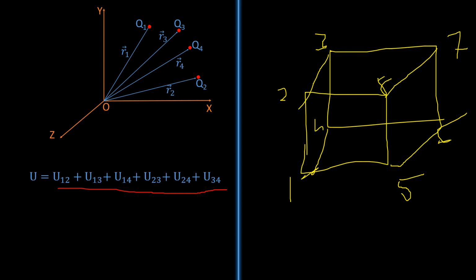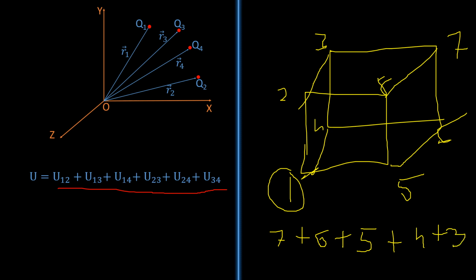Just with the first charge, 7 pairs due to the first charge only. With the second charge, 7 pairs, but the first is already considered, so with the second charge 6 pairs are possible, with the third charge 5 pairs, with the fourth charge 4 pairs, then 3, and so on. So many pairs will be possible. It is a good exercise to carry out. Try it out after watching this video and find out the potential energy for this system.